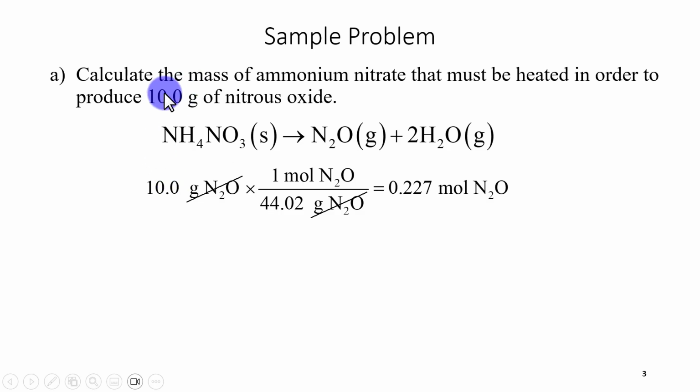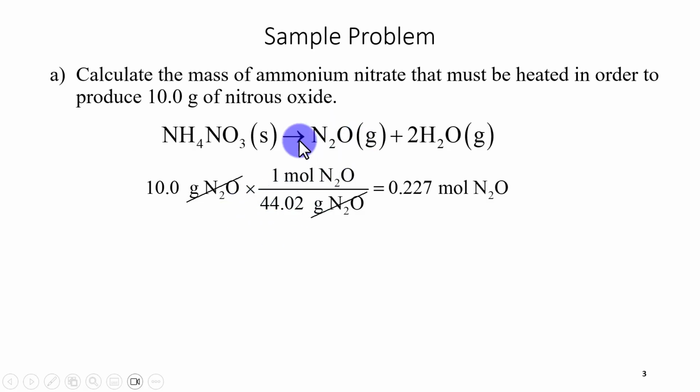My first step, since I'm starting with grams of nitrous oxide, is to convert that amount in grams to moles. So I take 10 grams of N2O and find the molar mass of N2O, which is 2 times 14.01, because 1 nitrogen weighs about that, plus 16, because 1 oxygen weighs 16.